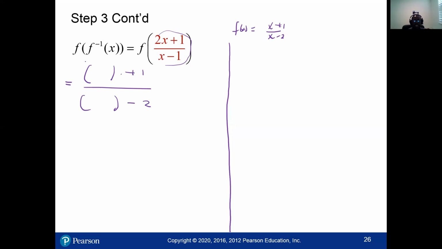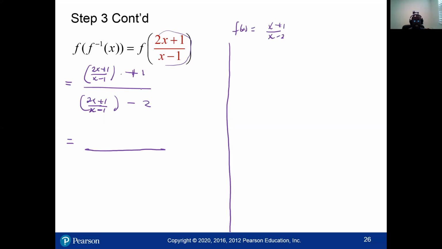All right, so this will be 2x plus 1 over x minus 1. Okay, so then like we did, we're going to simplify the numerator and denominator separately. Okay, our division sign is right there.